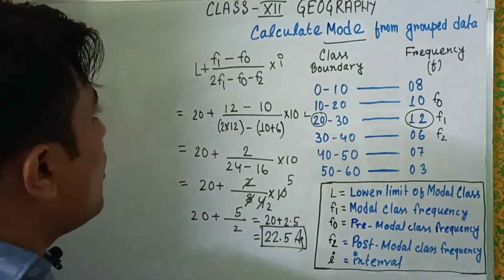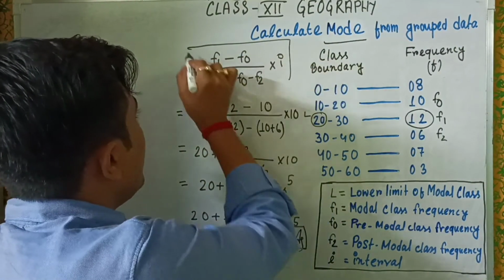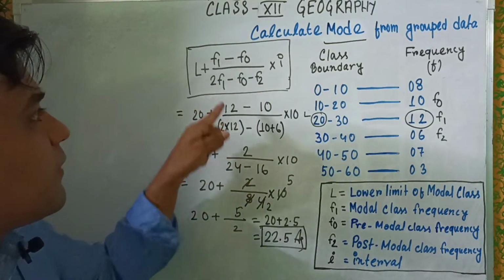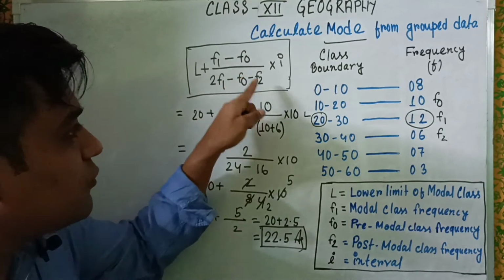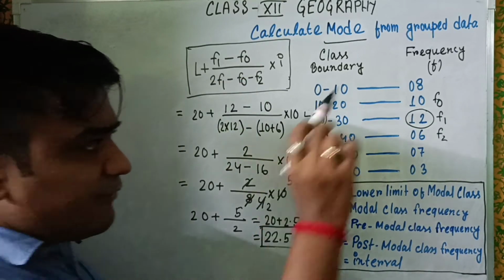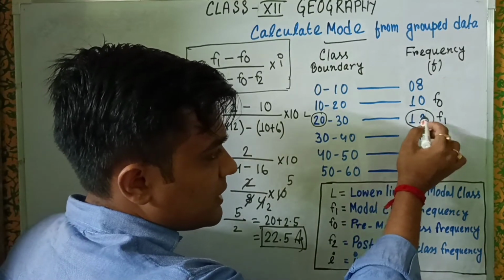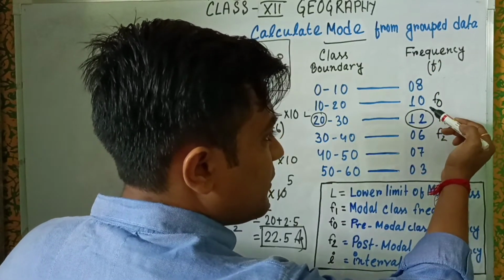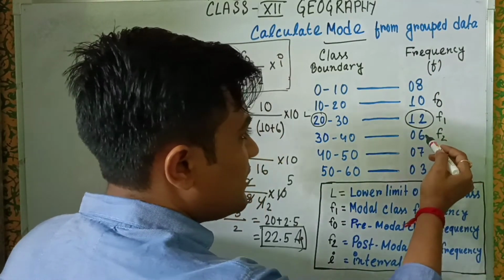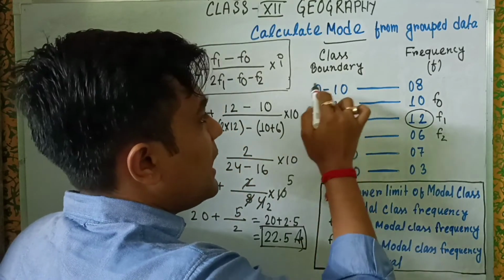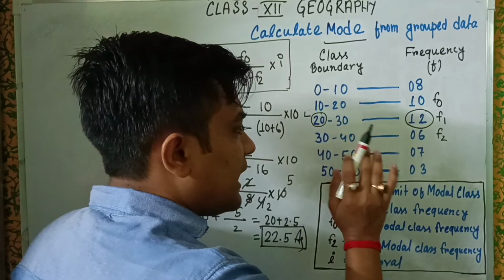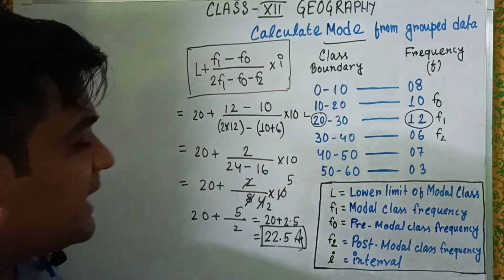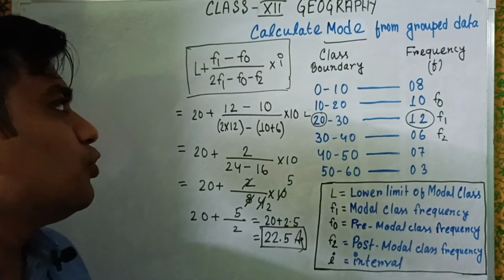You have to remember only this formula: L plus (F1 minus F0) divided by (2F1 minus F0 minus F2), into I. F1 means modal frequency, which is the largest frequency in this group, F0 means pre-modal class frequency, F2 means post-modal class frequency, L means the lower limit or lower boundary of modal class, and I means modal class interval. So that's how you can easily calculate mode from group data.